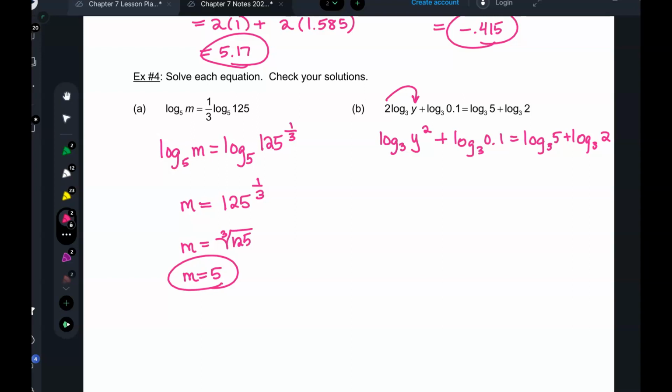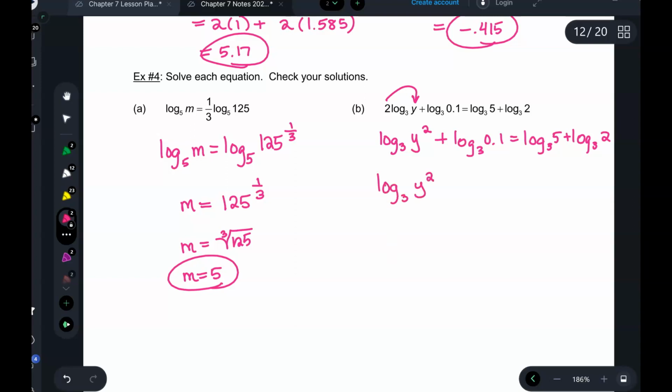Before we cancel, we can only do it if it's one logarithm and one logarithm. You see how there's a plus sign on both sides? Now we're working backwards and the plus sign will be combined to make it y squared times 0.01, log base 3 of 5 times 2.